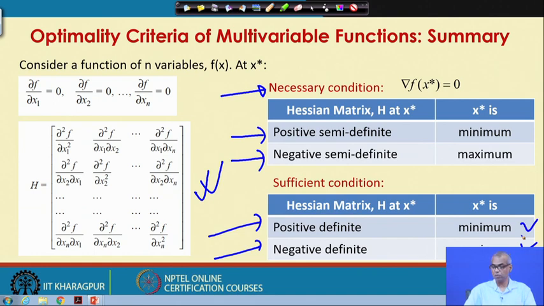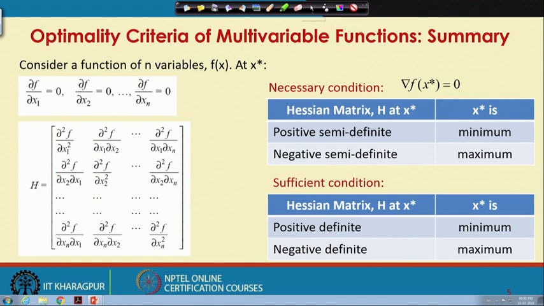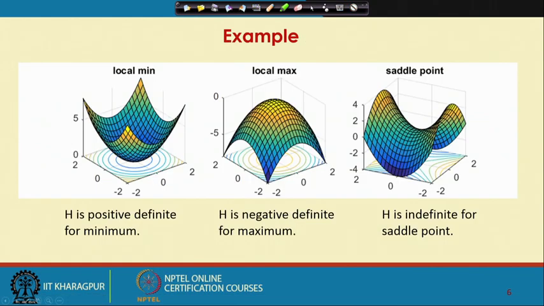Similarly, the sufficient condition for x star to become maximum is del f del x star equal to 0 and Hessian matrix H at x star is negative definite. So, you have 3 figures indicating local minimum, local maximum and saddle point.